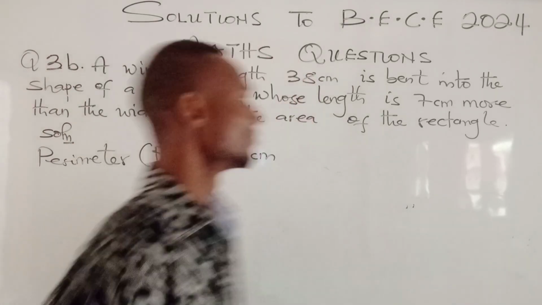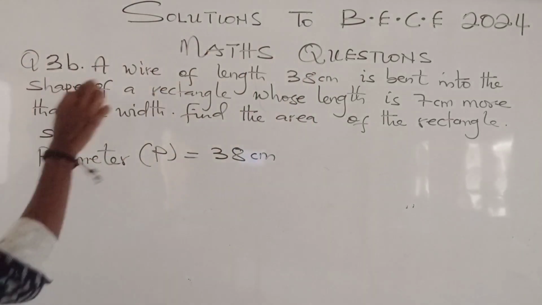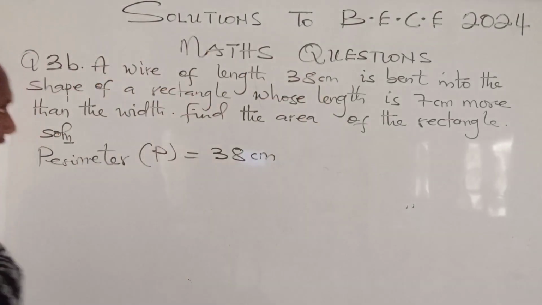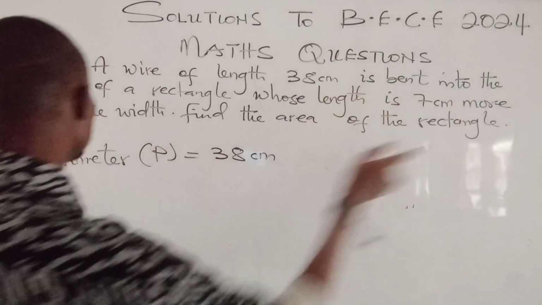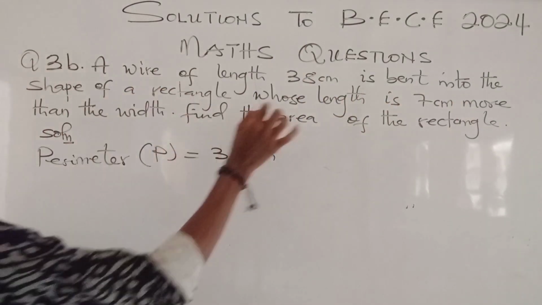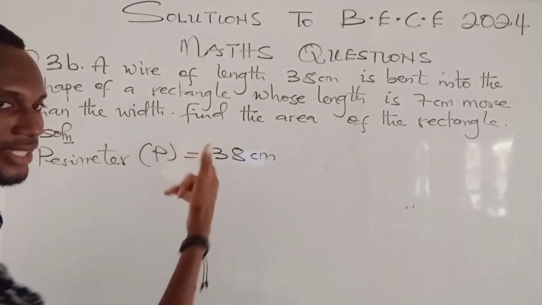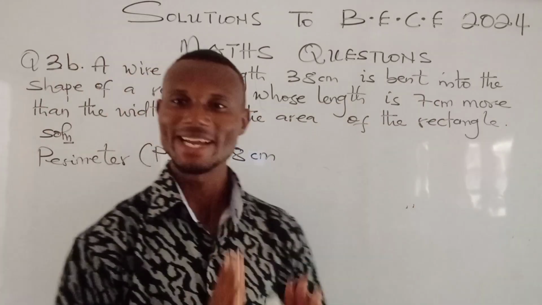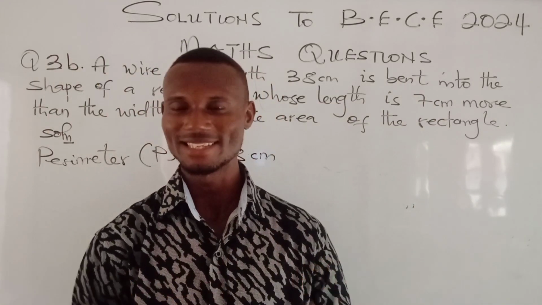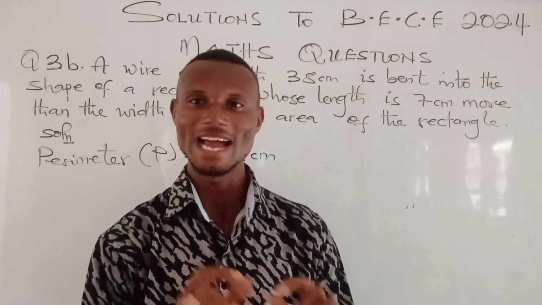Let's continue reading. It says that a wire of length 38 centimeters is bent into the shape of a rectangle whose length is 7 centimeters more than the width. Now, the mistake that most students make is that they assume. Don't assume.